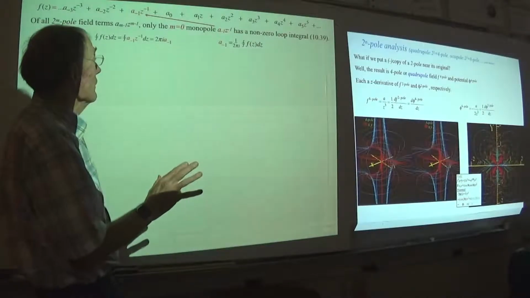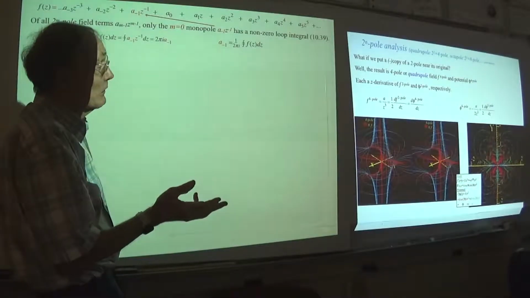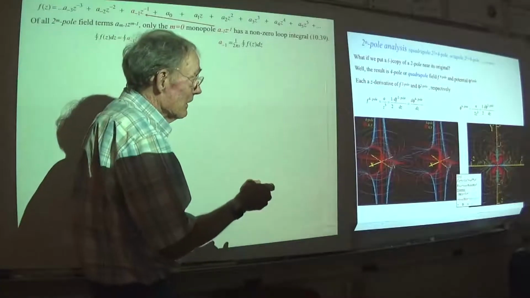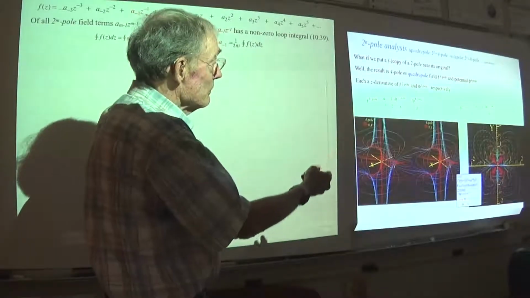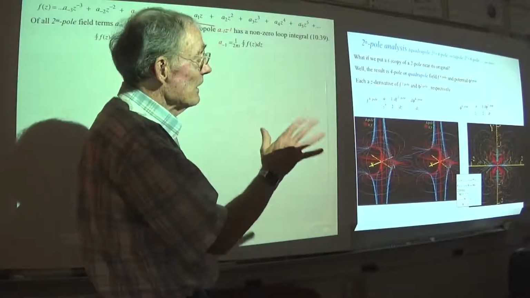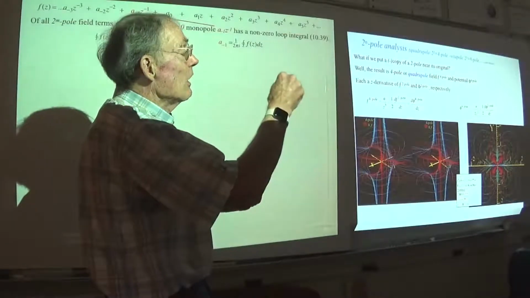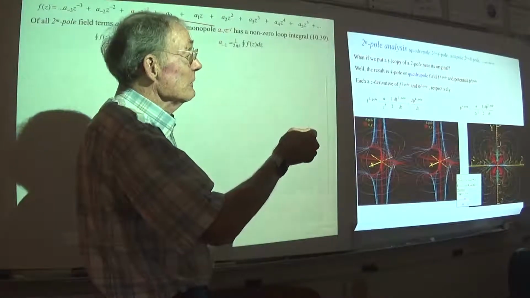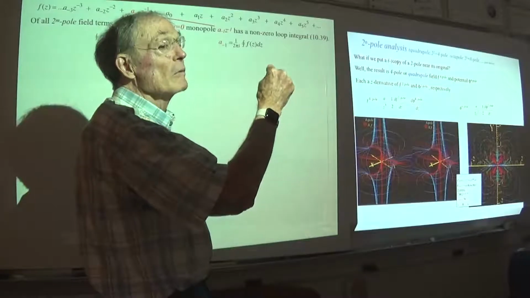It's the only one. That's because it's got a potential that's a logarithm. So you've got to see that in the quadrupole. I can go anywhere on that quadrupole field, draw a loop, and it's going to be zero work for me to go completely around that loop.